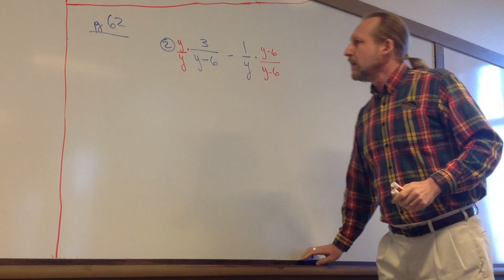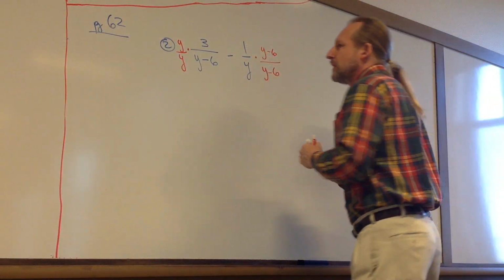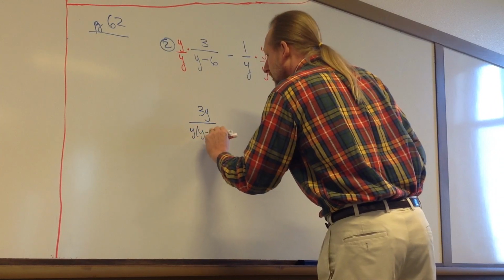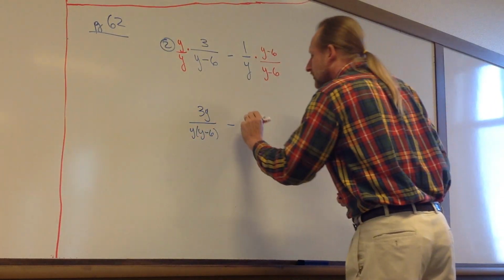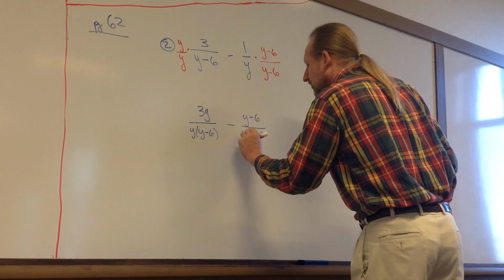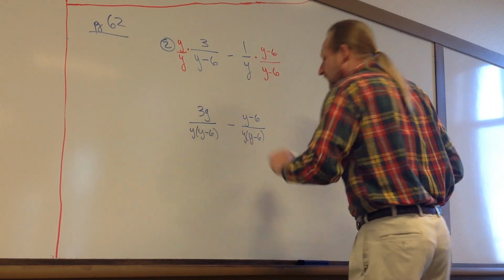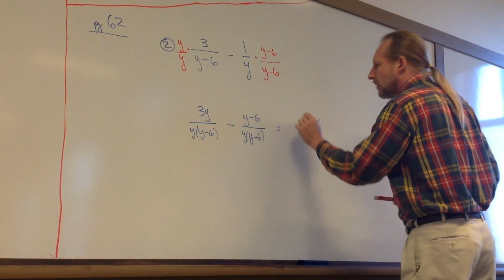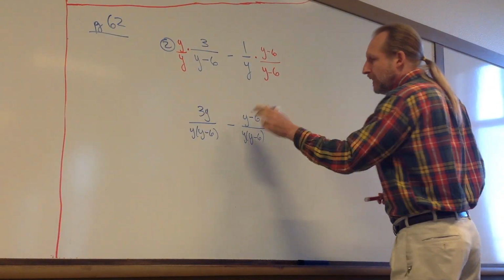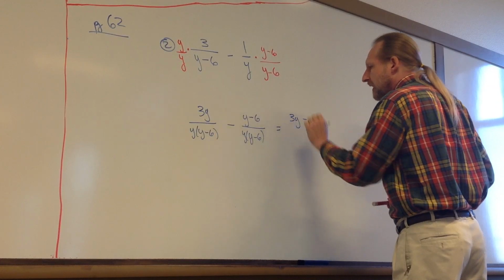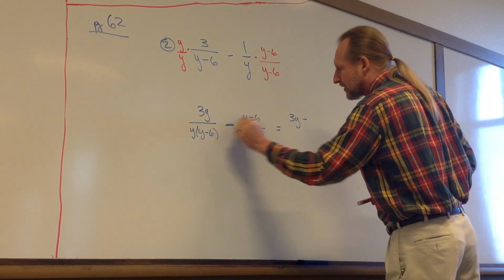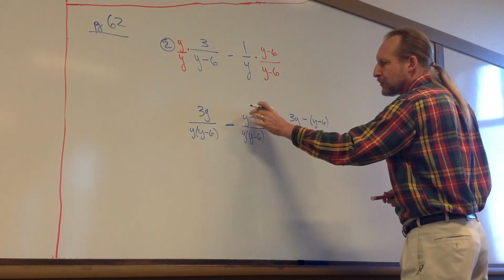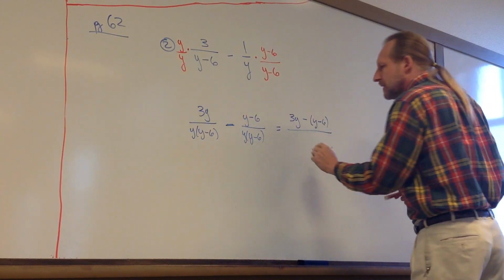Okay? So if we do that, this one then becomes 3y over y times y minus 6 minus y minus 6 over y times y minus 6. Now that they have a common denominator, we can just subtract across the top. Now, something I'm going to point out here that's very important is that this subtraction has to get distributed like a -1 to both terms, both the y and the minus 6.